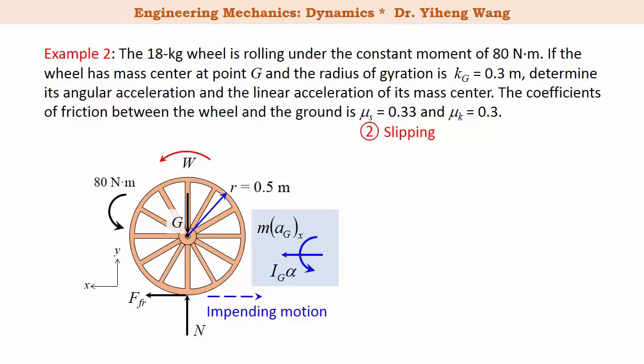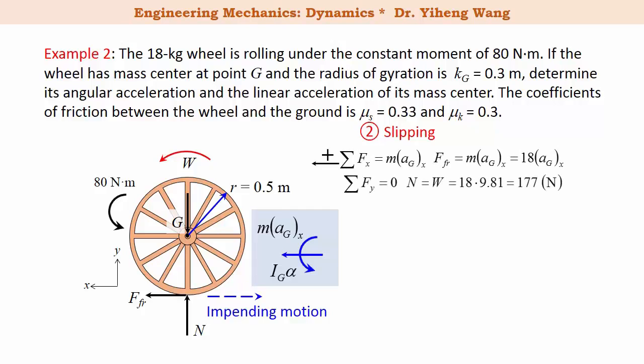With that said, now let's write our equations of motion. The first equation, same as earlier. Second equation, same as earlier. But for the third equation, we cannot summarize the resultant moment about the instantaneous center of zero velocity anymore, since we do not know where that is.